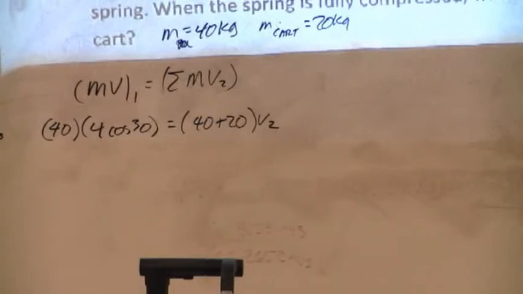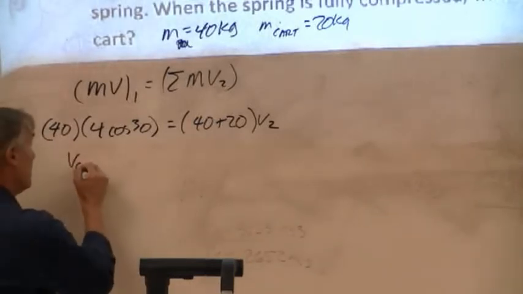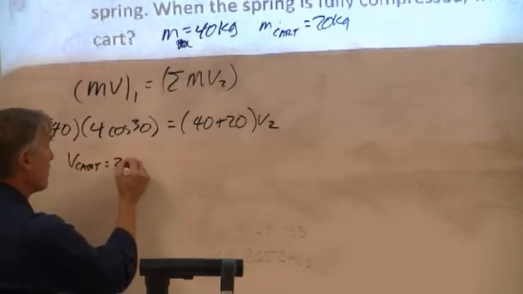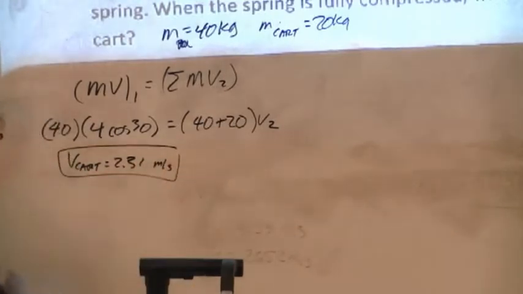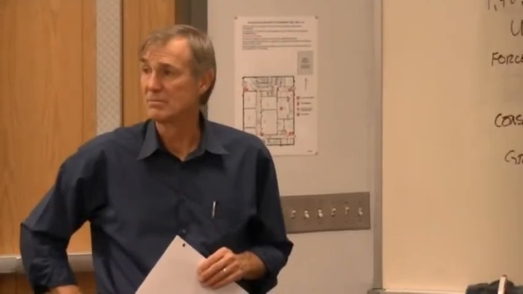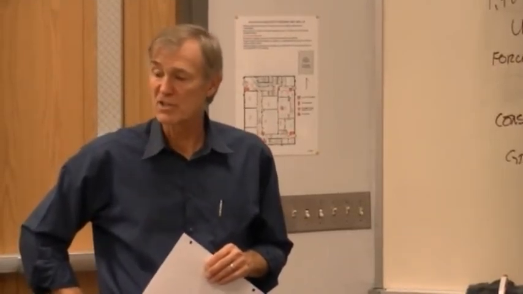I mean, that's super easy. Velocity of the cart is equal to 2.31 meters per second at that instant. Okay? Simple.